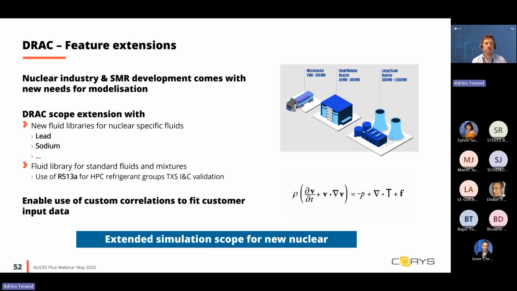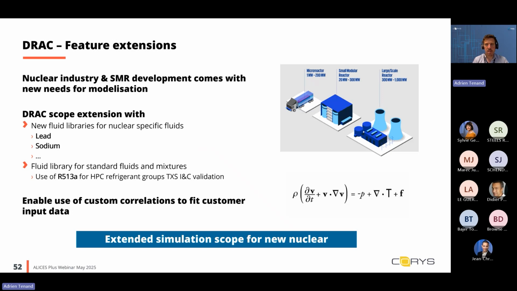It means that if you want to model a specific component or a specific system, and you have your own correlations, you can embed them in DRAC to fit your data. So we have extended the scope of DRAC with new fluids and the ability to use your own correlations.